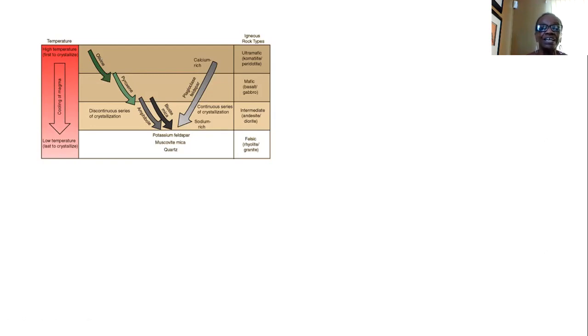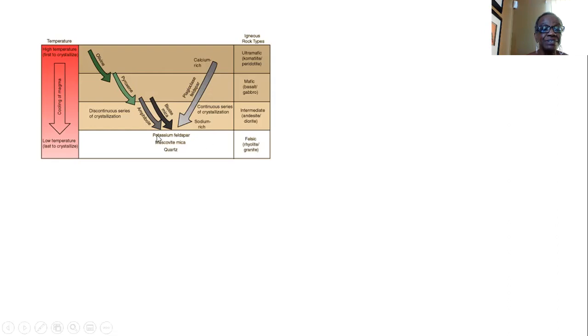mineral to crystallize. And if you want to know the minerals that are found in basalt or gabbro, just look. That's plagioclase feldspar. You can see what some of the minerals are. It also has some biotite, some hornblende, pyroxene, and olivine. But let's go down to felsic, granite and rhyolite.